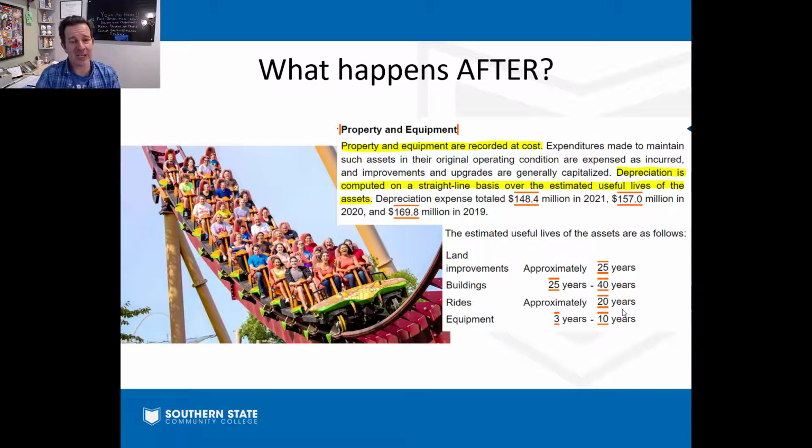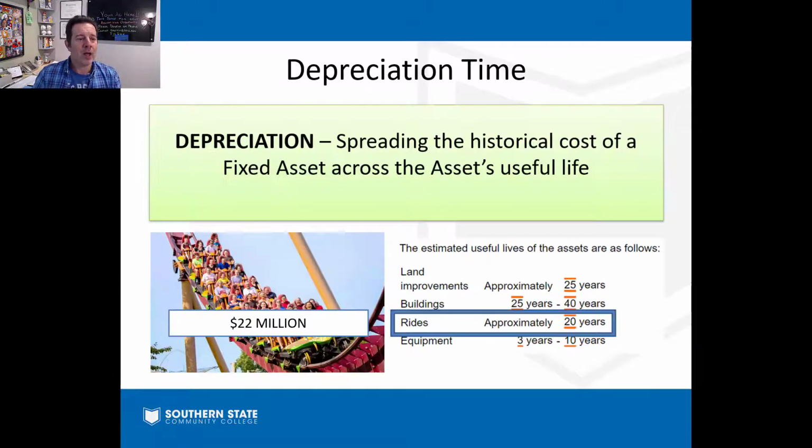That's the estimated lifespan. So our goal, where we're going now, in our next two videos, we'll talk about how to calculate that depreciation. When we depreciate an asset, we're spreading the cost of that fixed asset over the asset's useful life. We're taking that $22 million we paid for Diamondback, and we're spreading it over 20 years.